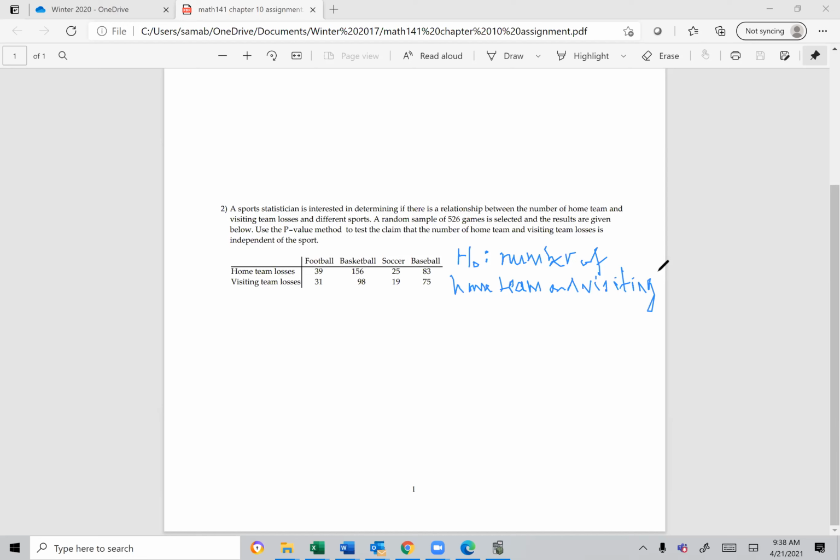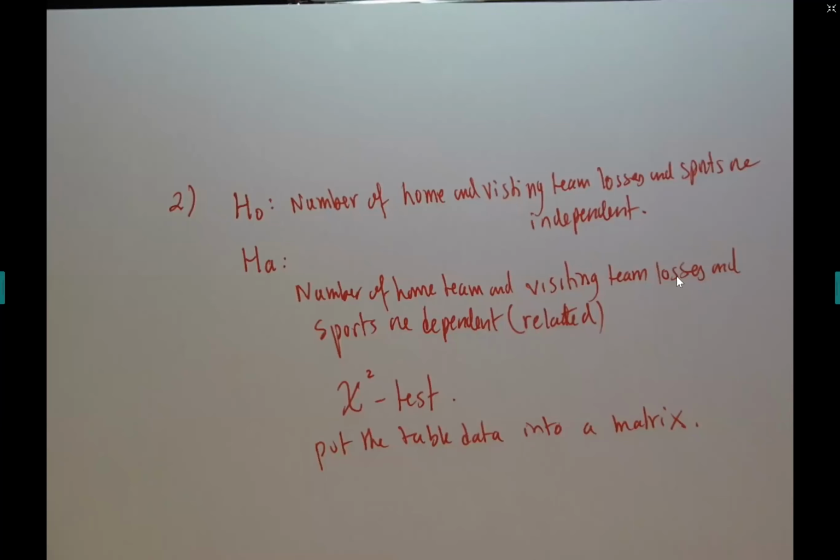No, I'm not right there, so let me just skip that. You said this was 10.2? Yes, thank you. That is 10.2.